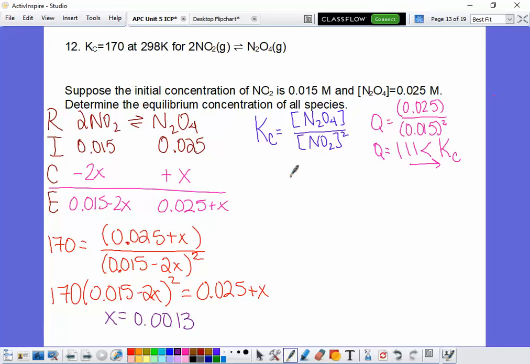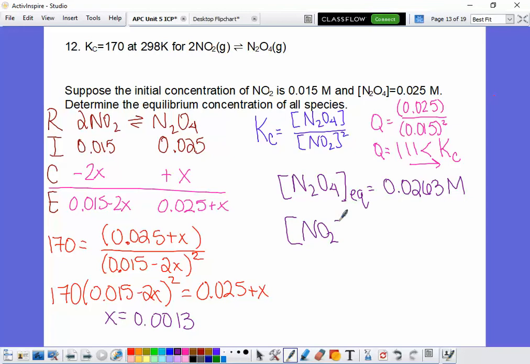Okay? So your N2O4 equilibrium concentration is what? 0.0263. Missing something. Molar, yep, because we have units on concentration.